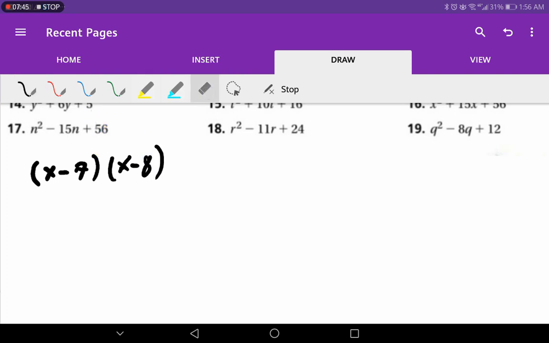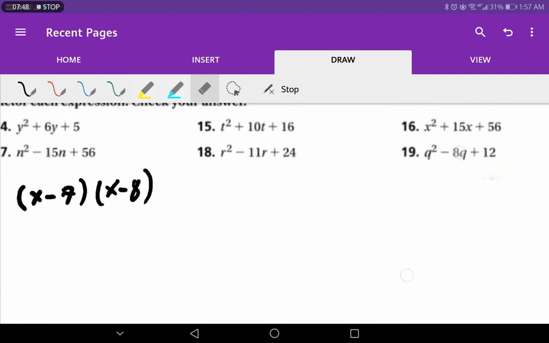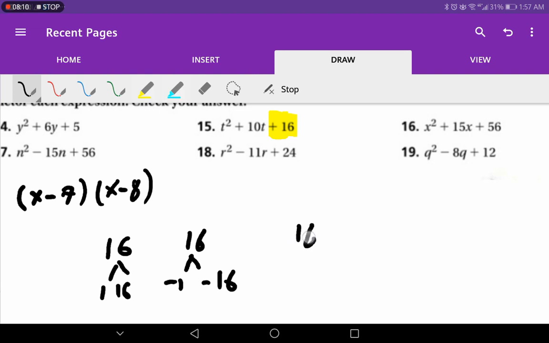Okay, let us take this one, 16. Where does it come from? Help me. Teacher, it comes from 1 multiply 16. And 16 comes from negative 1 multiply negative 16. And 16, actually it is positive because it is positive.